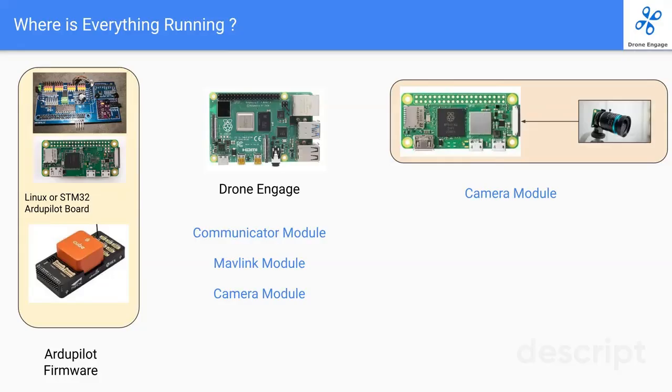Additional camera modules can run on separate Raspberry Pi boards for expanded video capabilities, allowing you to add cameras without overloading the main processing unit. This modular architecture provides exceptional flexibility, allowing you to configure your system based on specific mission requirements, from simple single-camera setups to complex multi-camera operations with advanced processing capabilities.